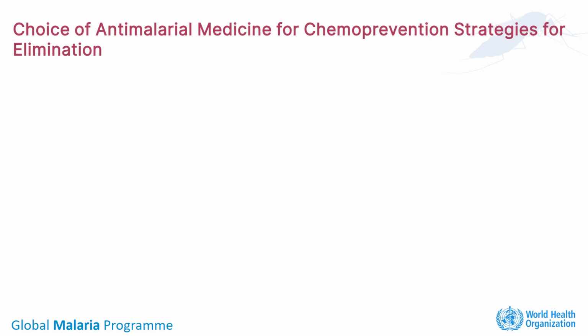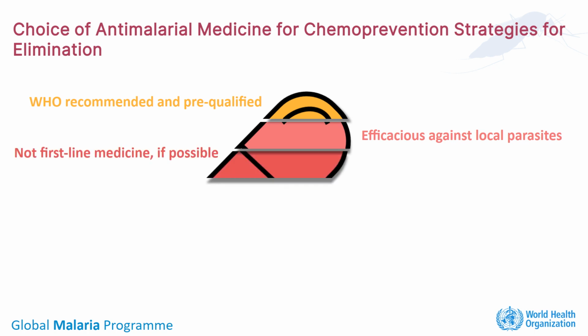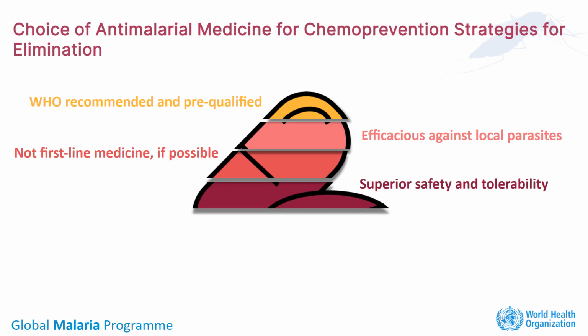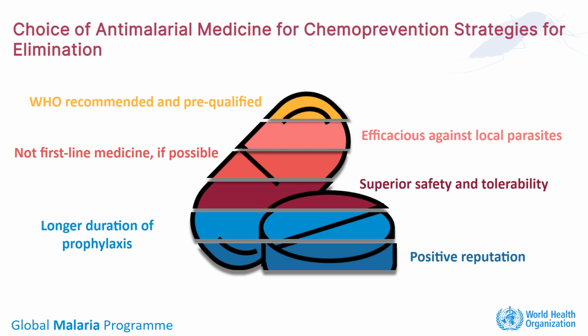The anti-malarial medicines chosen for use in chemoprevention should be WHO recommended and pre-qualified, be efficacious against local parasites, be different from the medicine used as first-line treatment where possible, have a superior safety and tolerability profile, provide a longer duration of post-treatment prophylaxis with component medicines that are closely matched in pharmacology to reduce the risk of new infections encountering only a single drug, have a positive public reputation and acceptability, and be available and low cost.